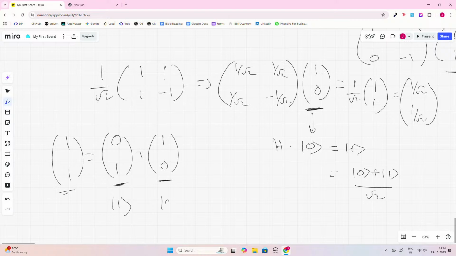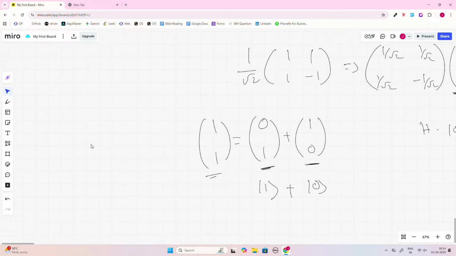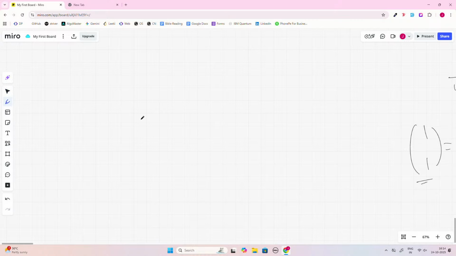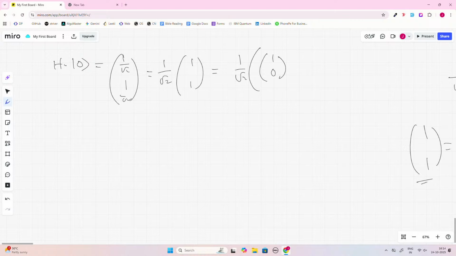And this is my ket 0. So when I apply a Hadamard gate to the 0th state, I get the output like this, which is nothing but simply decomposing.